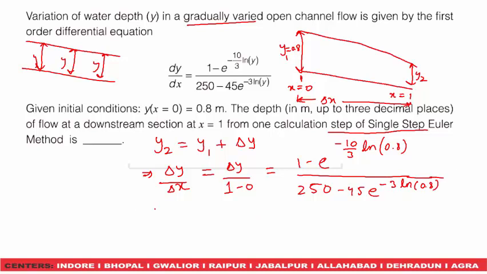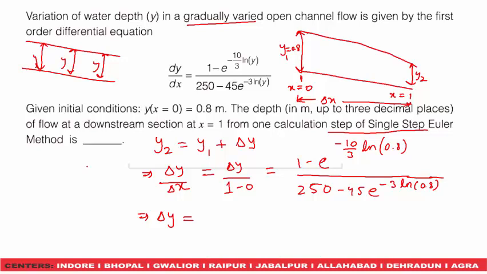So from here delta y will be equal to this value into 1. So it comes out to be natural log of 0.8 into 10 divided by 3, e to the power answer, and 1 minus this value.